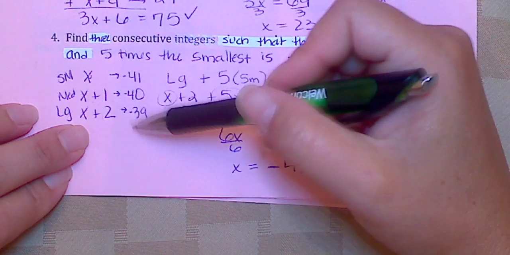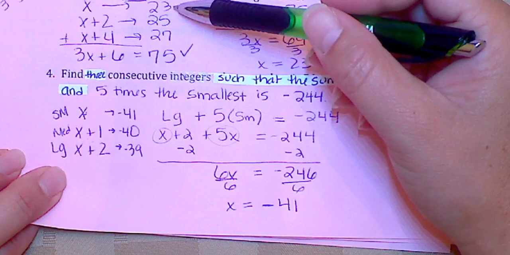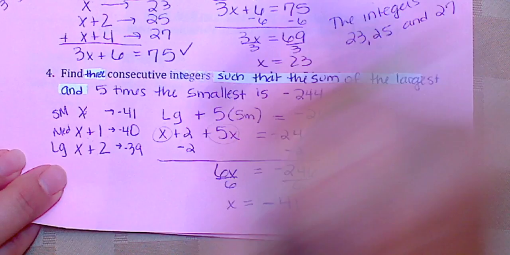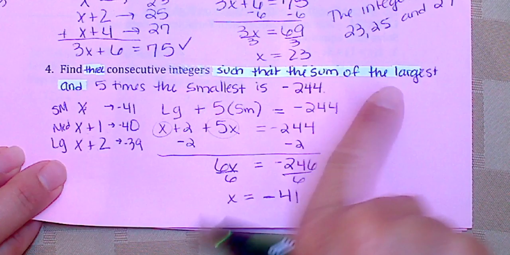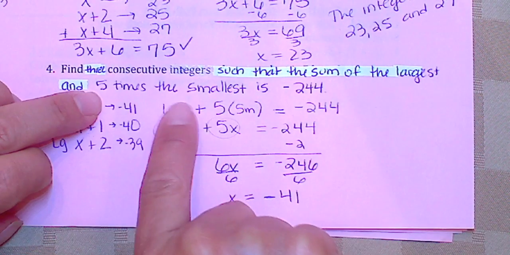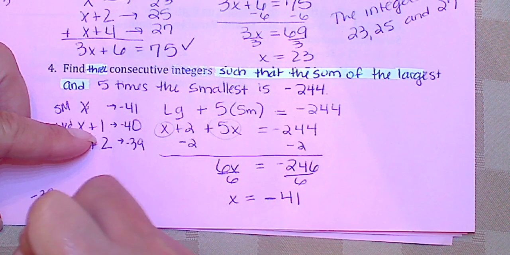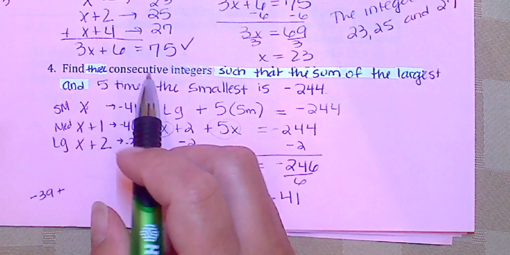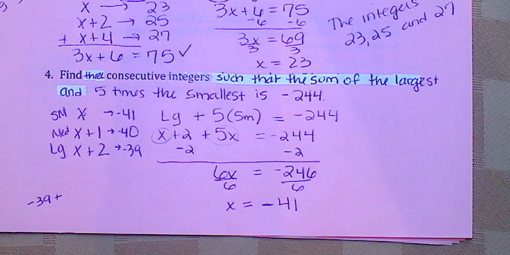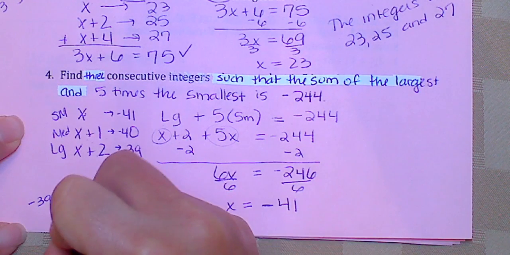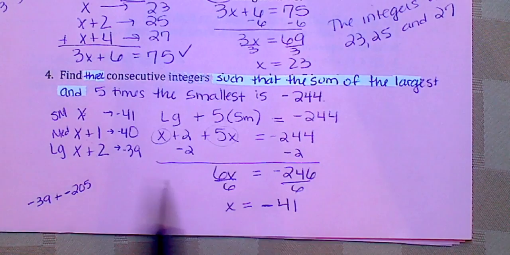Now to do a check on this one would not be the same as the check here because we're not just going to add down. We have to actually see if this is true again. The sum of the largest and 5 times the smallest. So the largest is negative 39 plus 5 times the smallest. So we have to do 41 times 5, which is going to be negative 205.